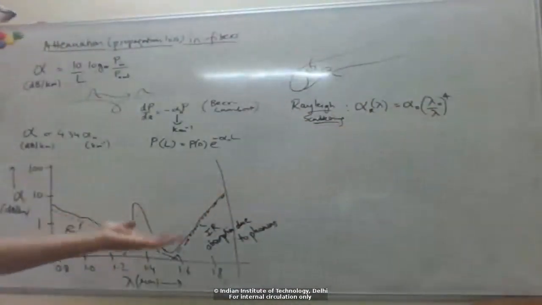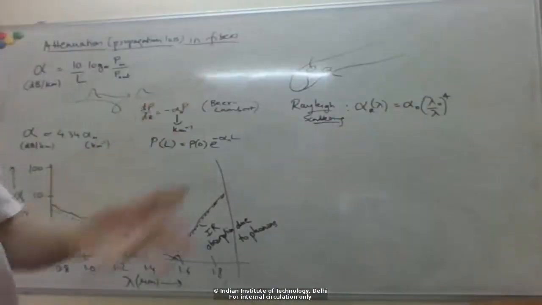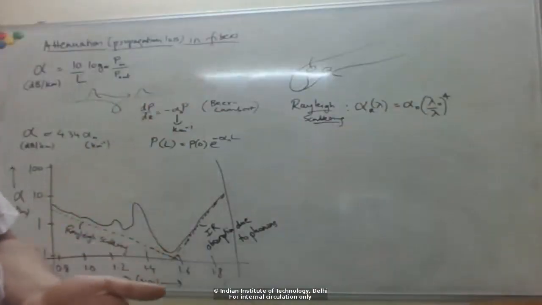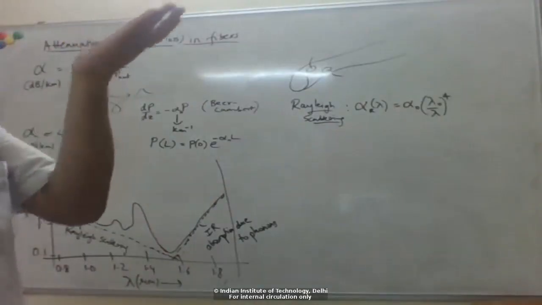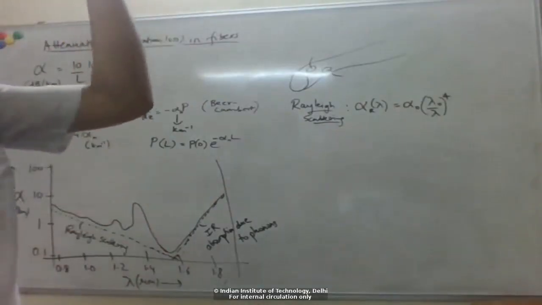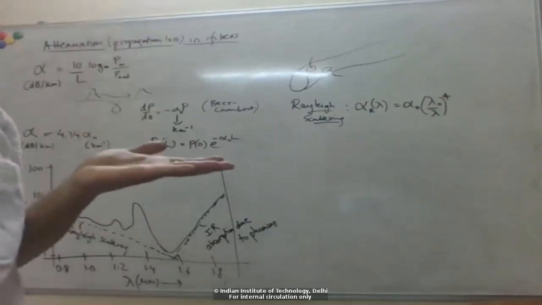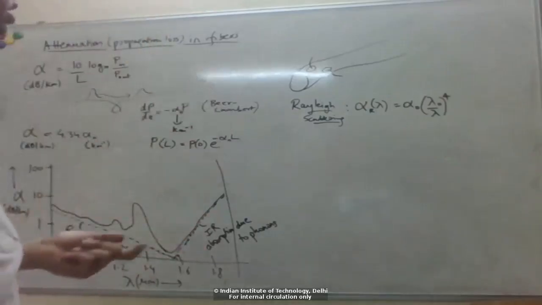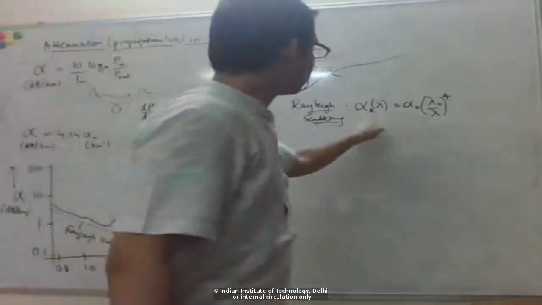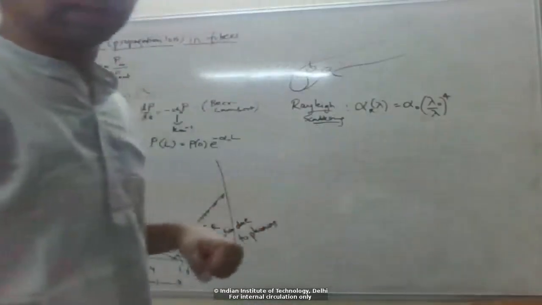Blue light, which has smaller wavelength, is scattered much more than, for example, red light. So when you look up into the sky, what you are seeing is the scattering from the particles in the atmosphere, and prominently you see blue because the scattering of blue is much more than other wavelengths.